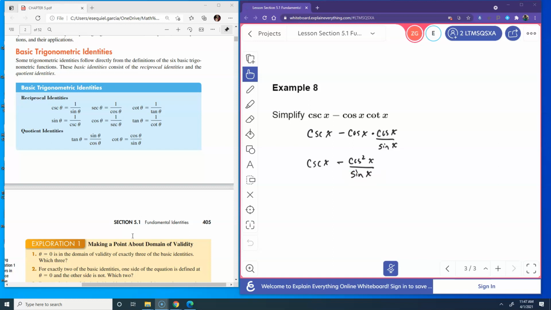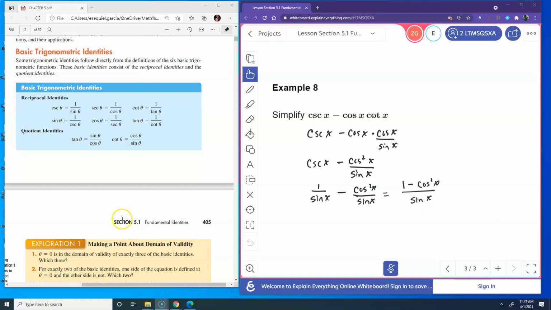Well, cosecant of x is the same thing as saying 1 over sine of x, minus cosine squared of x over sine of x. So you have 1 minus cosine squared of x over sine of x.